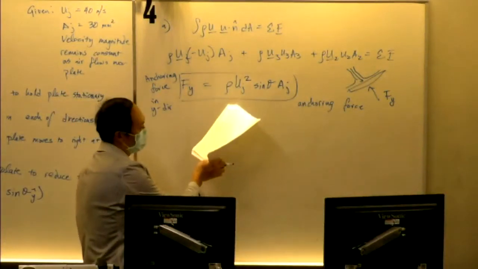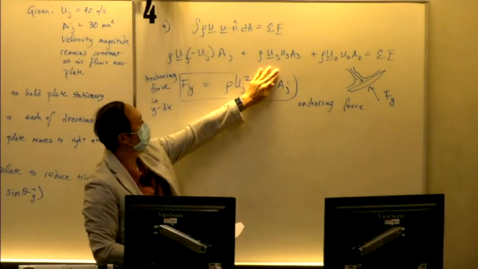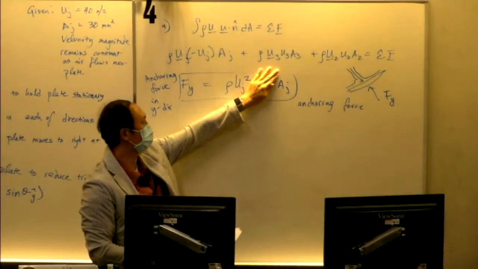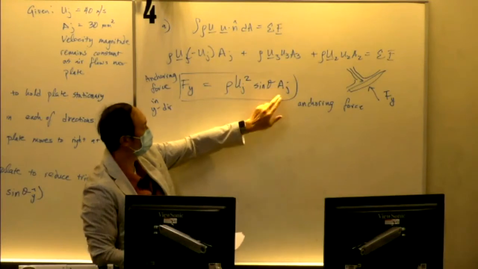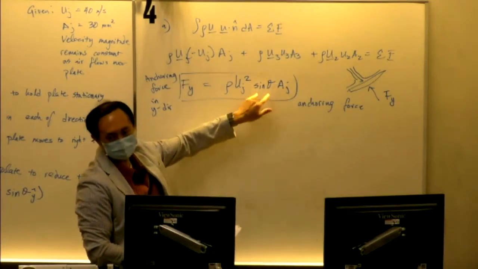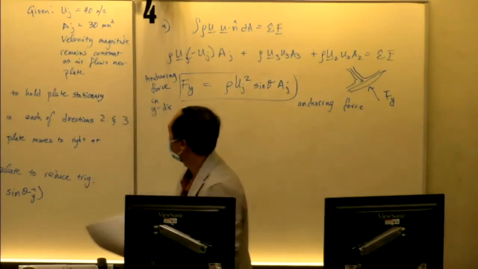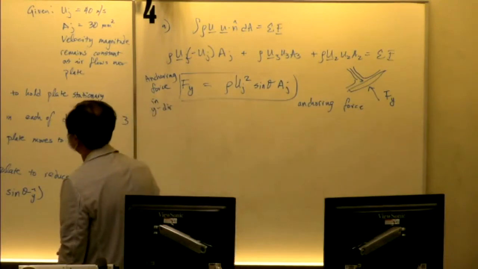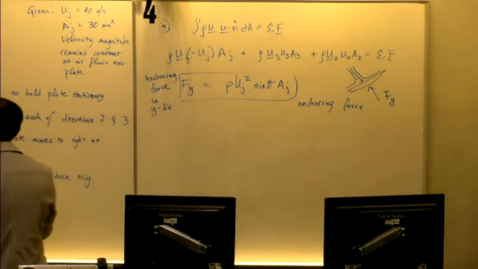So, to remind you, from what we learned from dimensional analysis, rho times the velocity squared gives you a pressure. Pressure times area gives you the force. And the sine theta is because you only use part of the uj.